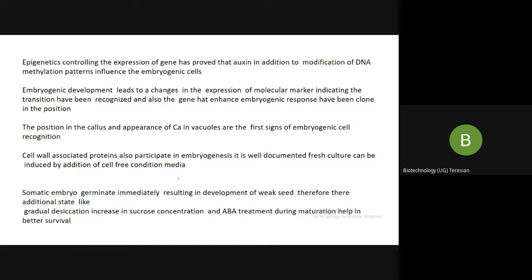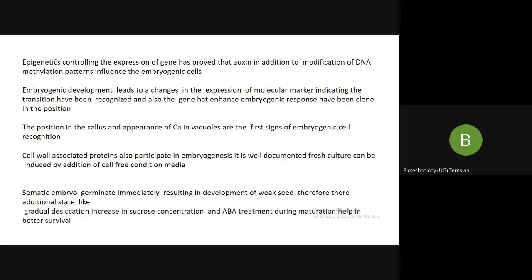So epigenetics controlling the expression of the gene has proved that auxin, in addition to modification of DNA methylation, influences the cells. The plants have their own DNA and they are undergoing modification. In addition to that, auxin is present, and also epigenetics controlling the expression of the genes.